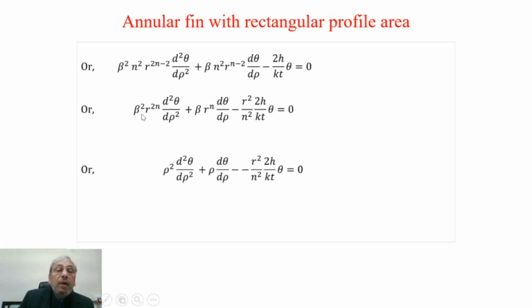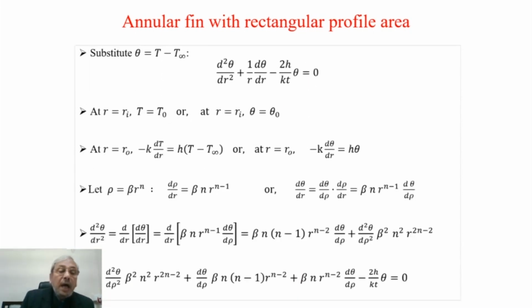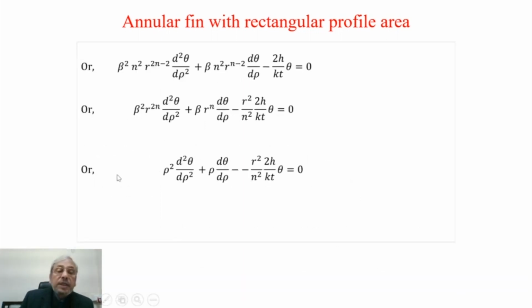If we recall, we substituted beta r to the power n as rho. So this gives us rho square d2 theta d rho 2 plus rho d theta d rho minus r square by n square twice h by kt into theta equal to 0.